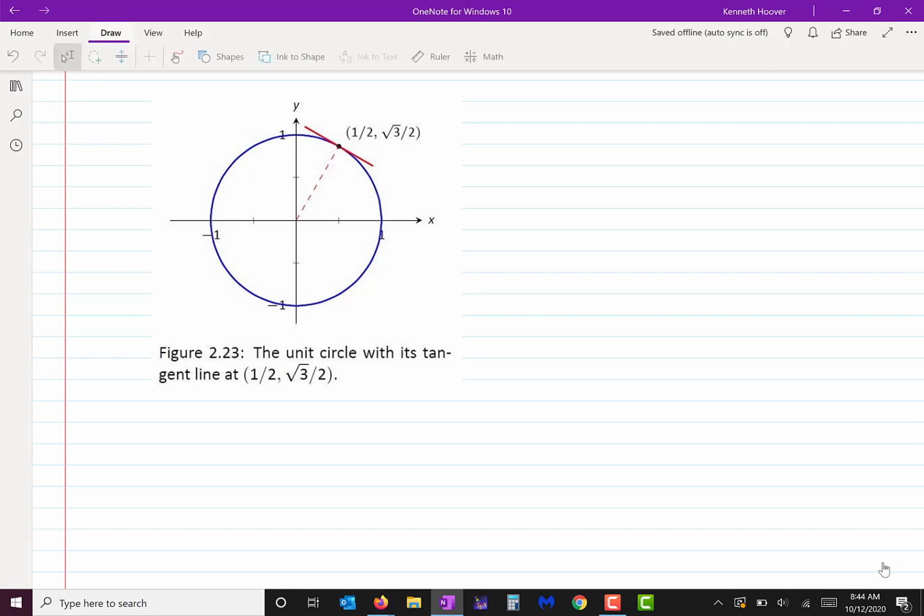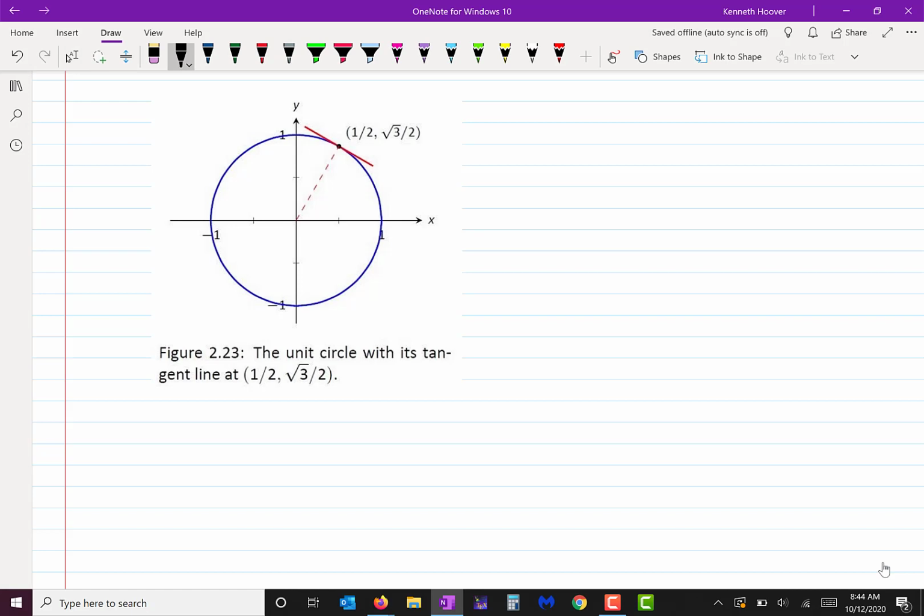Okay, so let's start by writing down the equation of the circle. That's the unit circle. So you know the equation of that, right? It's x squared plus y squared equals 1. Okay, so let's find y prime. This one's actually easier than the ones we've done so far. Let's find y prime.